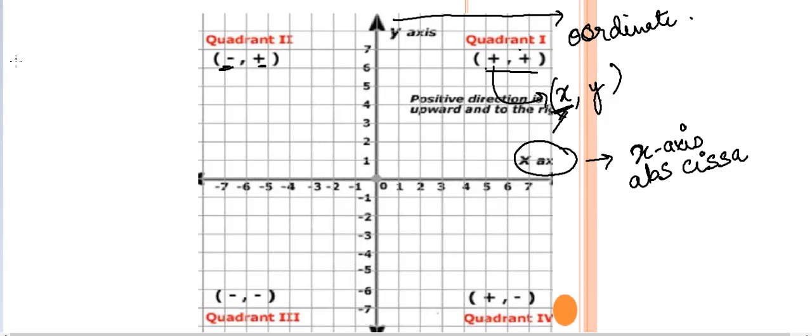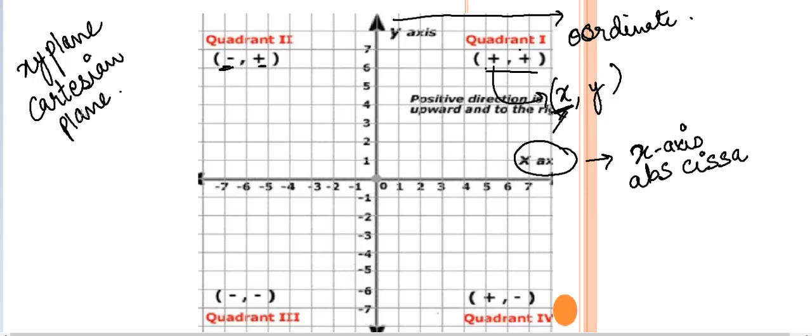So this plane is known as the xy plane, Cartesian plane, and these two, x-axis and y-axis, are known as the coordinate axes. That's why this system is known as the coordinate system, right?